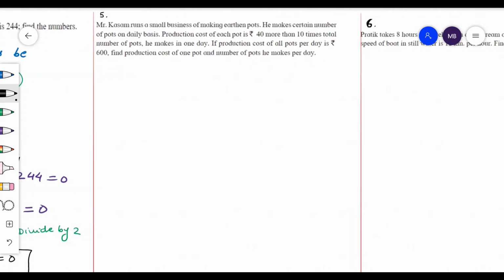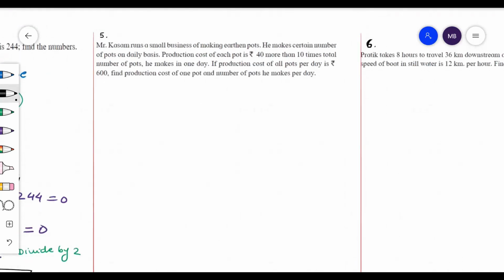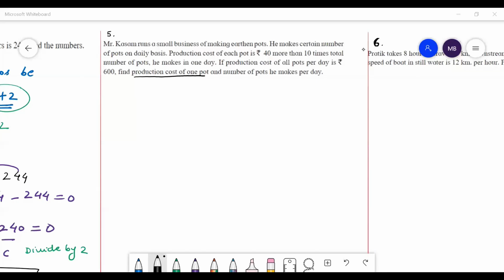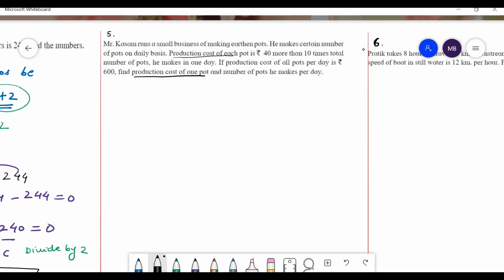So first of all, what they have asked us is the production cost of one pot and the number of pots he has made in one day. Now they are telling us that the production cost of each pot is rupees 40 more than 10 times the total number of pots, right?